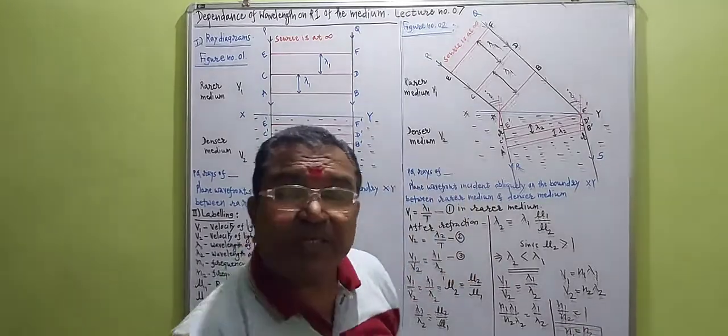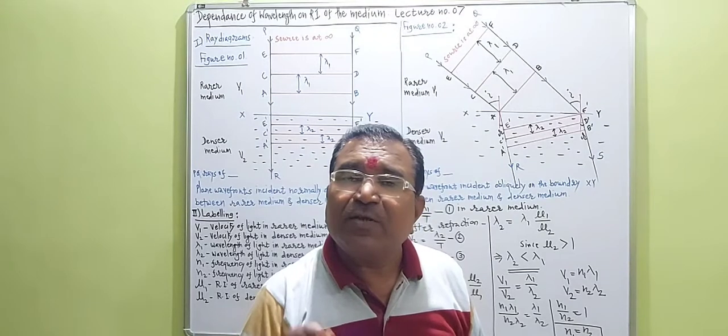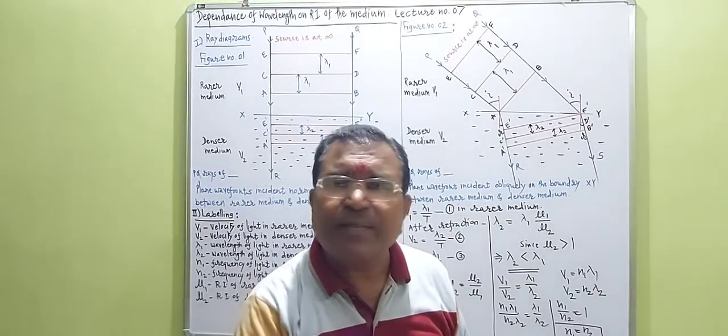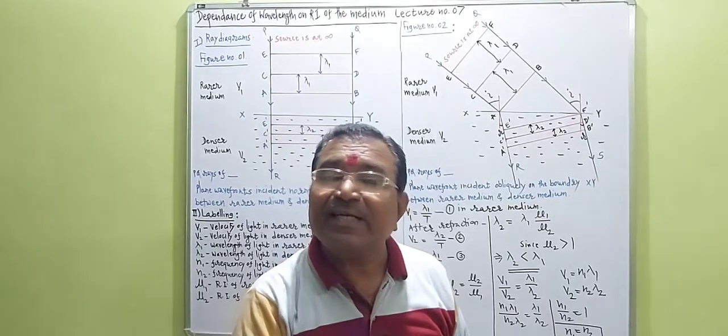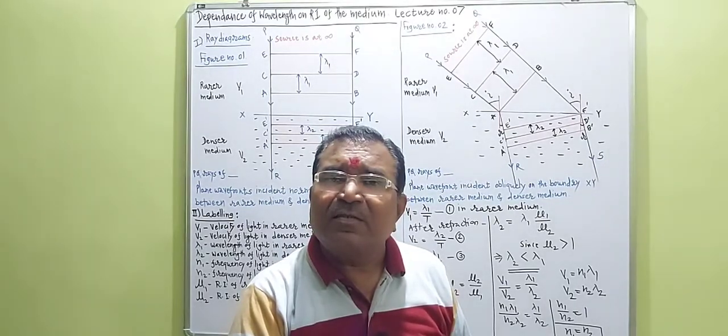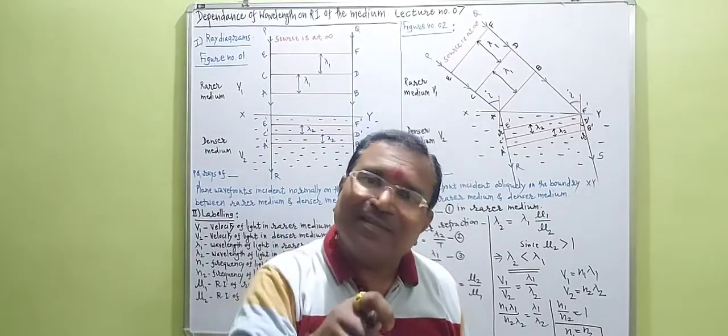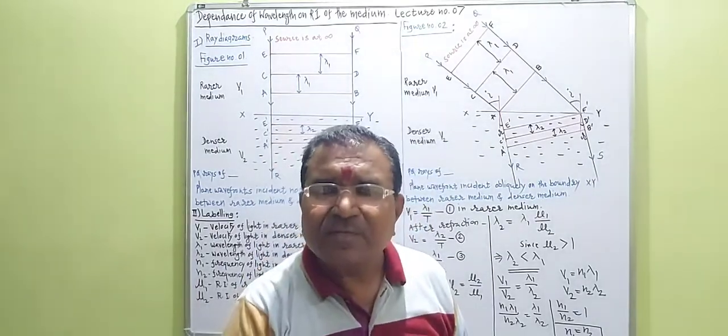What does this equation indicate? Frequency of light in rarer medium is equal to frequency of light in denser medium. It clearly indicates that there is no effect of refractive index of medium over the frequency of light.